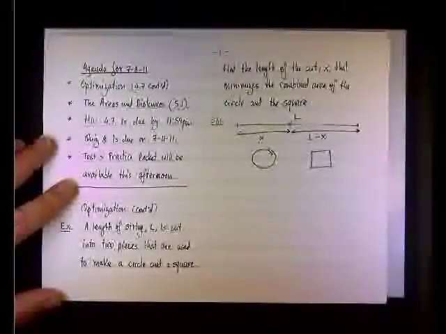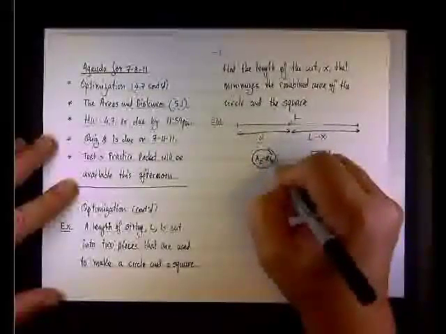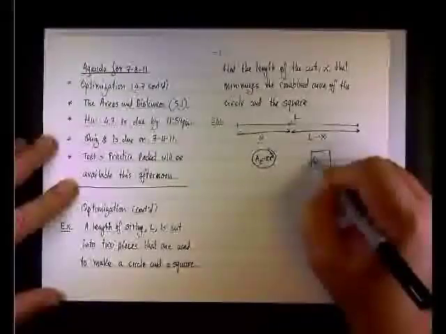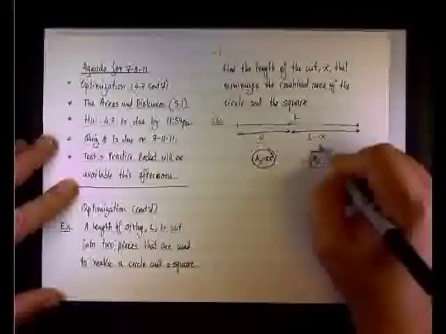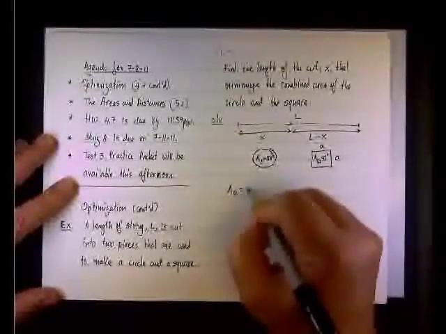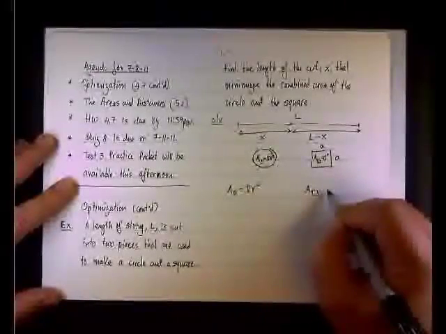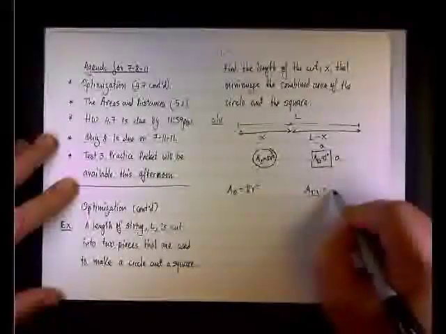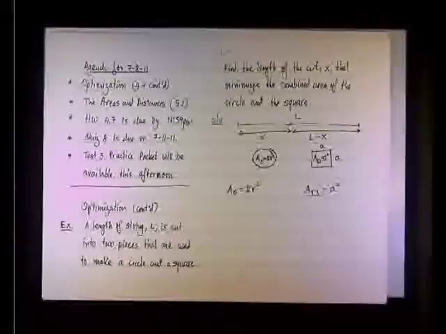So the area of the circle is pi r squared, and the area of the square is a squared, a being the side. Okay? We can write it actually below. The area of a circle is pi r squared, and the area of the square is a squared.